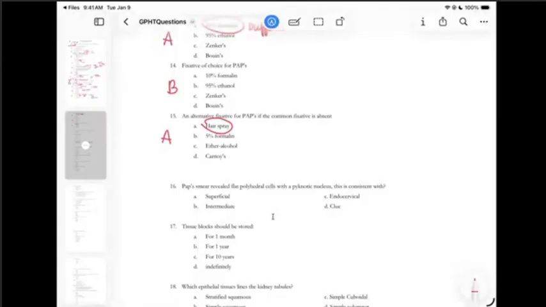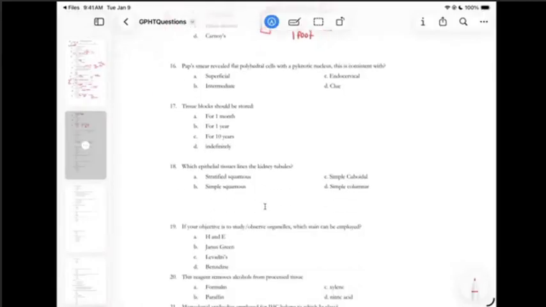If you are applying the spray fixative onto the slide, the distance is around 10 to 12 inches, or 1 foot. So number 15 is letter A.